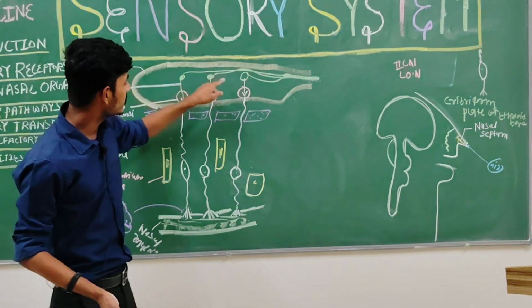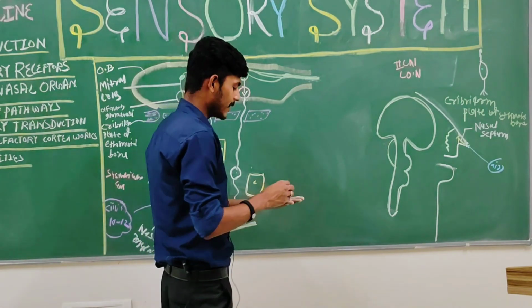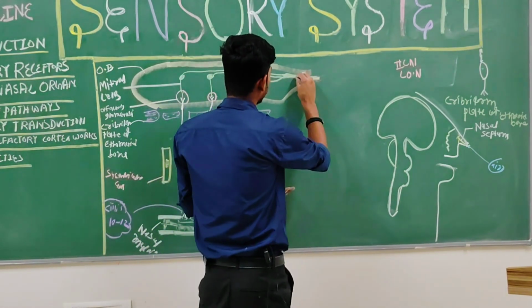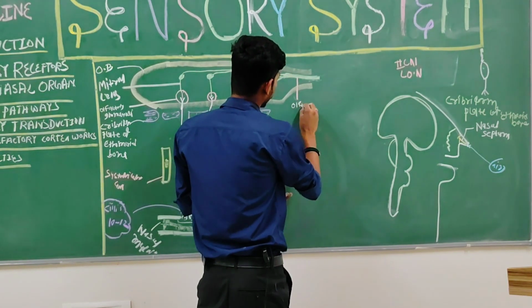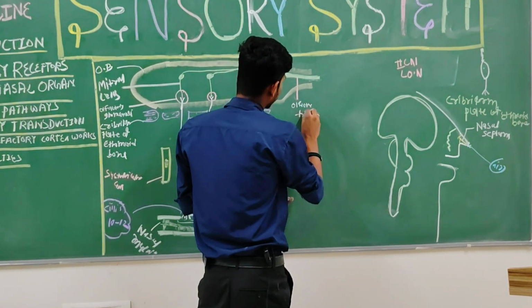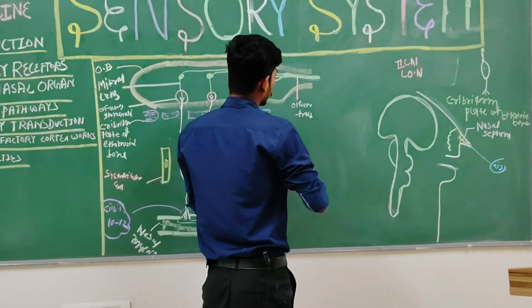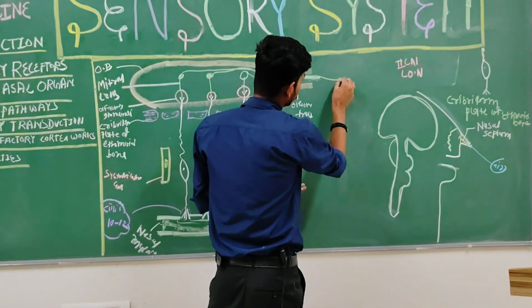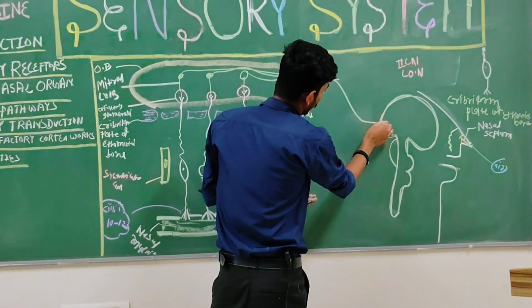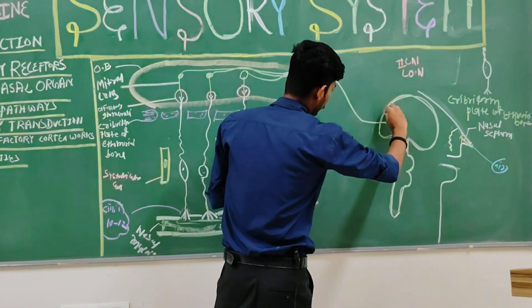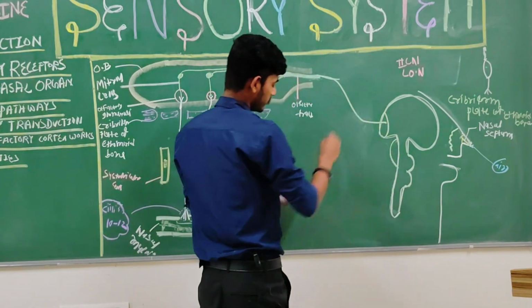Now these mitral cells make the olfactory tract, and through the olfactory nerve they go to the olfactory cortex, which is basically present in the temporal lobe.